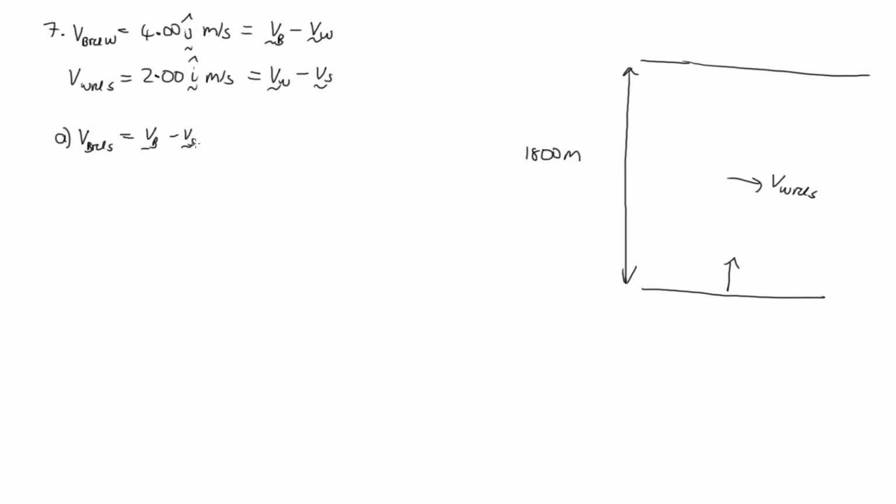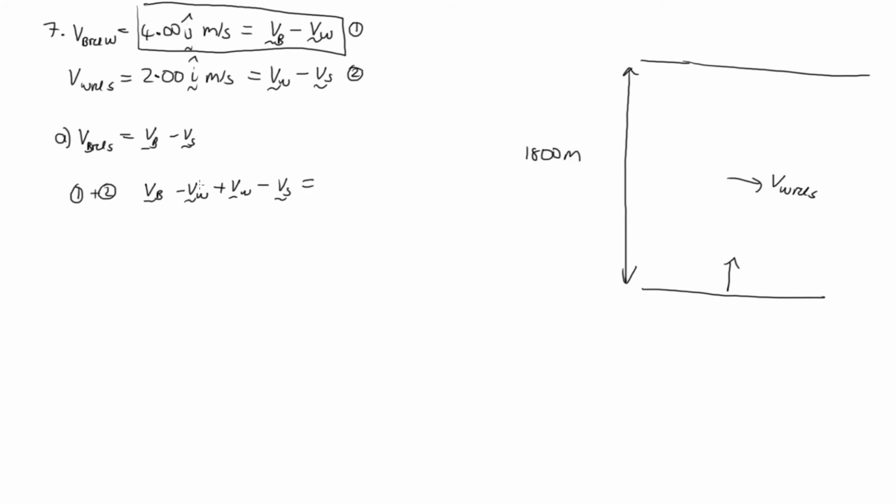Now, there's a few different ways we can do this one. I think the easiest way is to look at these two equations here. Let's call this one equation 1, and this one equation 2. If we sum these two equations, 1 plus 2, then we've got the velocity of the boat minus the velocity of the water, plus the velocity of the water minus the velocity of the shore.